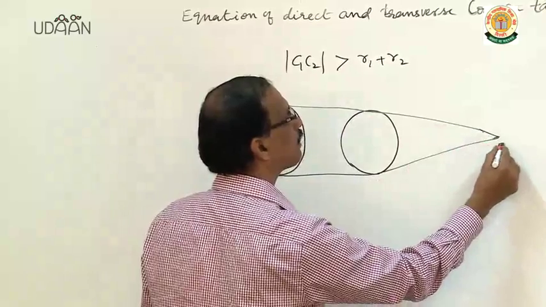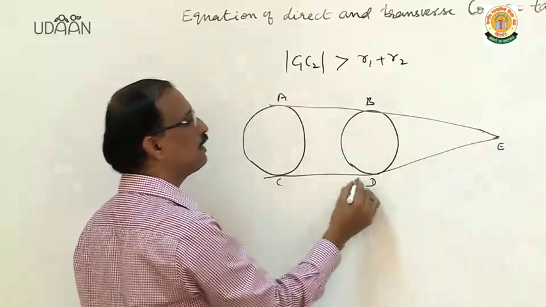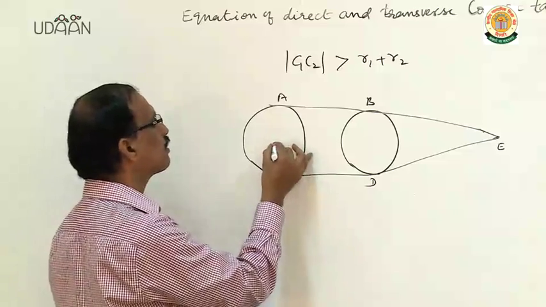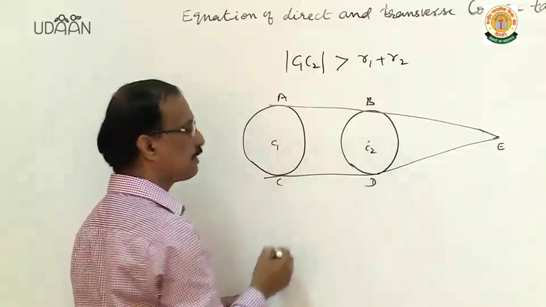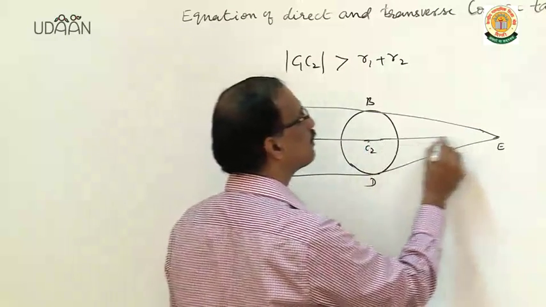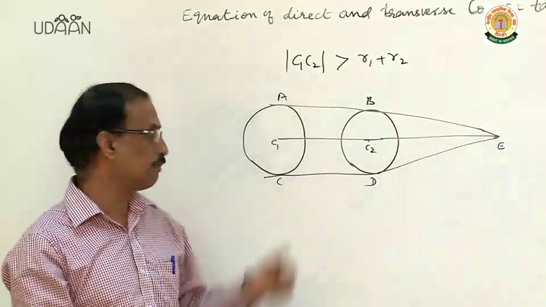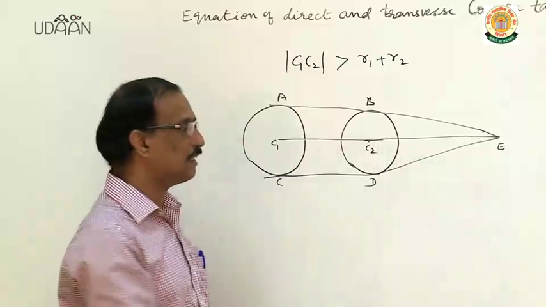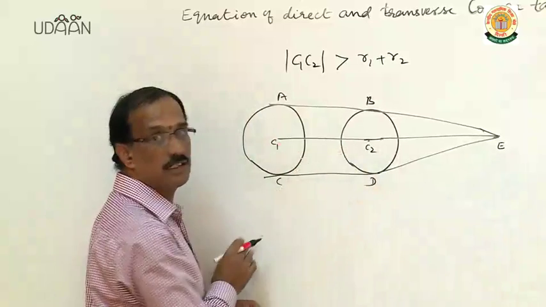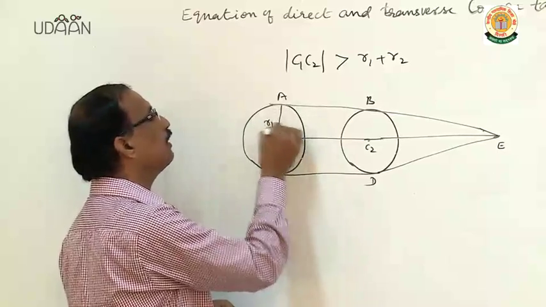They meet at a point E. Say AB and CD are the common tangents. These are the two direct common tangents. This is your C1 and C2. The line segment joining the centers meets them at E. So all these three lie on the same line, that means they are collinear, and this point E divides the line segment joining the centers C1 and C2 in the ratio of R1 to R2.